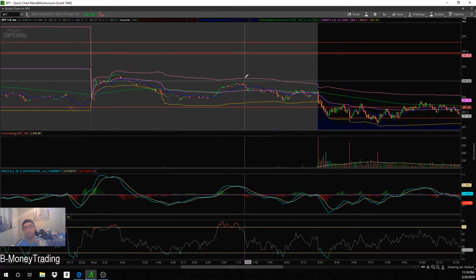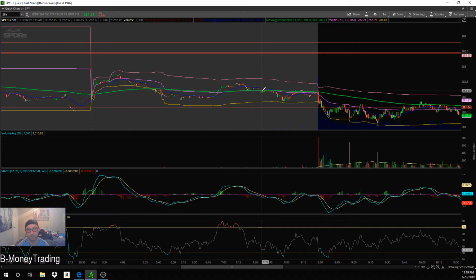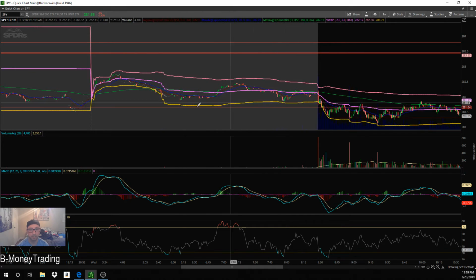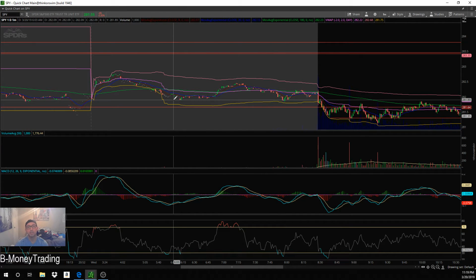I was that close to jumping in, and I didn't, and I just sat here and watched it go. I could have made some decent money on it, but just jumping in because I just woke up, without having had a chance to get a feel for the market and see what happened earlier in pre-market, means I'm taking on risk that is not necessary.